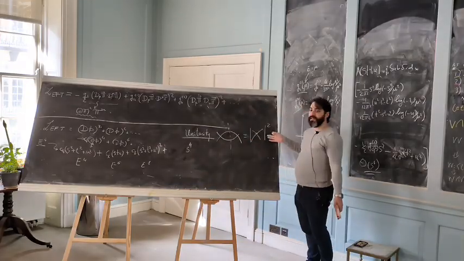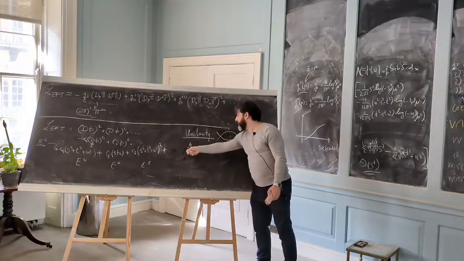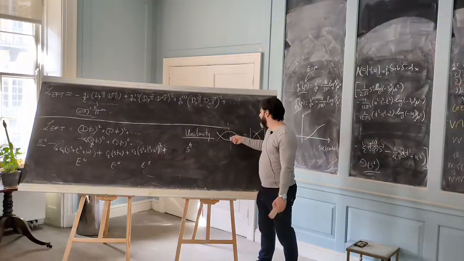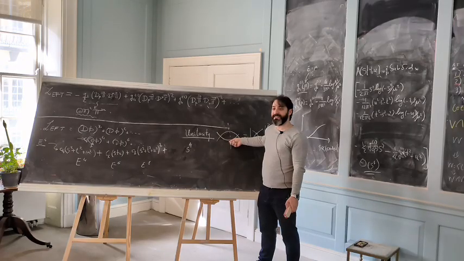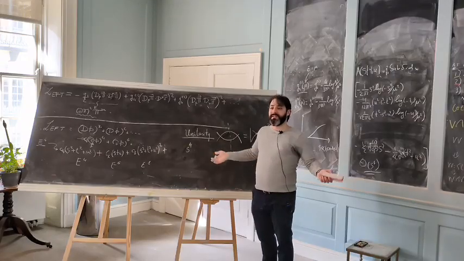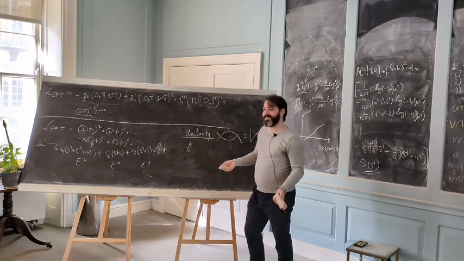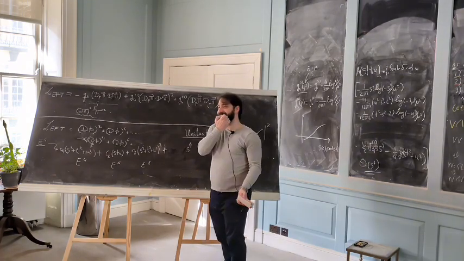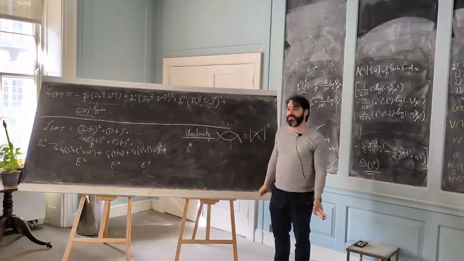From the unitarity equation, this s to the 4 has to be the discontinuity of the loop amplitude. But what is the function that has a constant discontinuity?